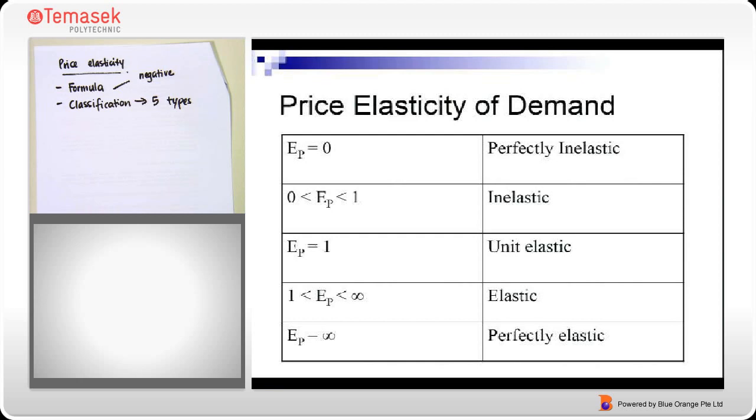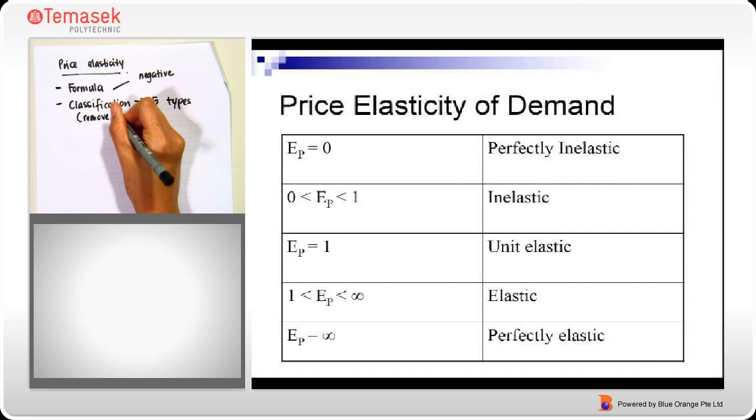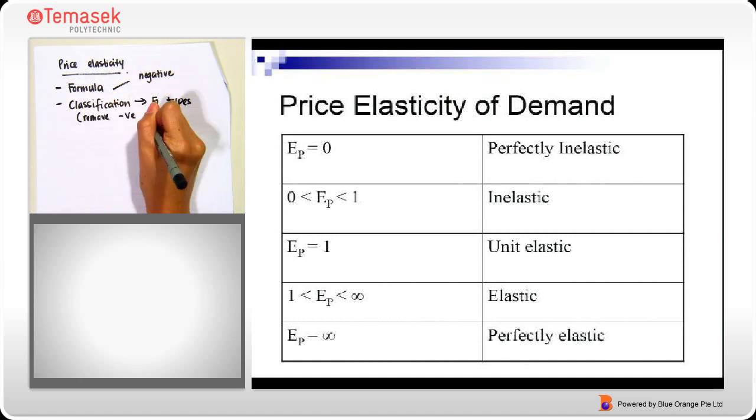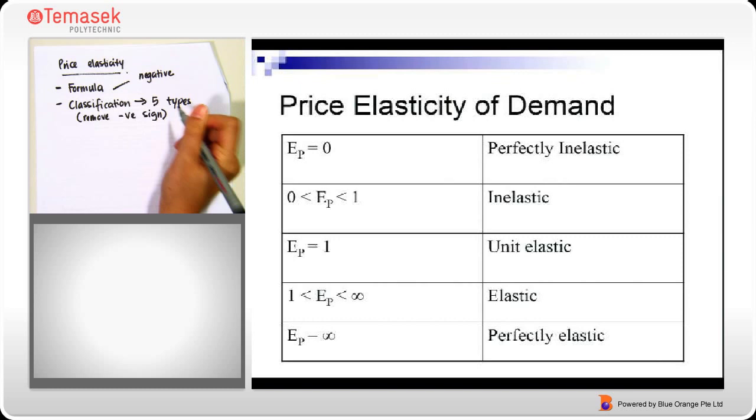When you classify, you remove the negative sign. Since it is always negative, when we classify, we will start from 0 all the way to infinity.